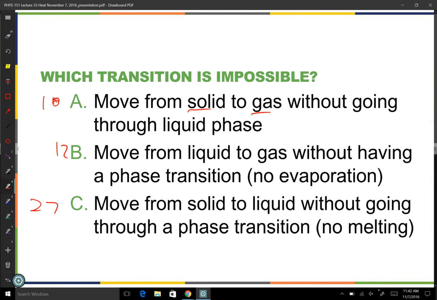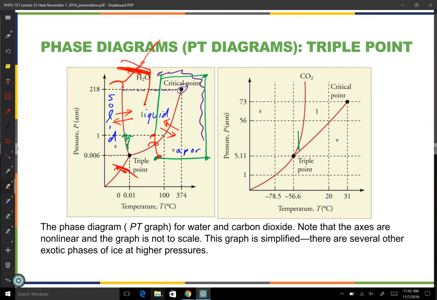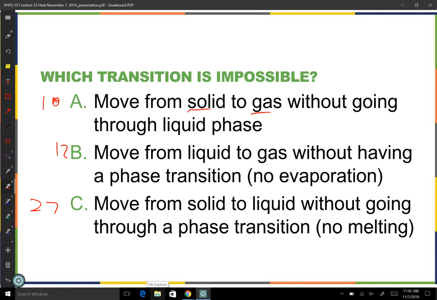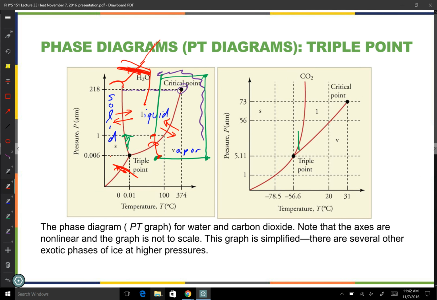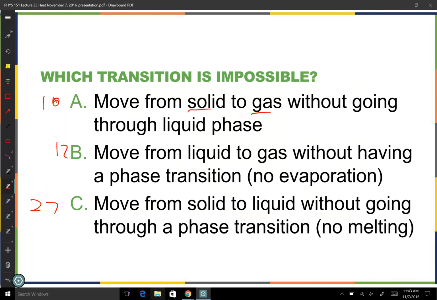Okay, move from liquid to gas without a phase transition. That's what this green line is doing. And then solid to liquid without a phase transition. That's the one that's impossible because this or this, both are a phase transition.